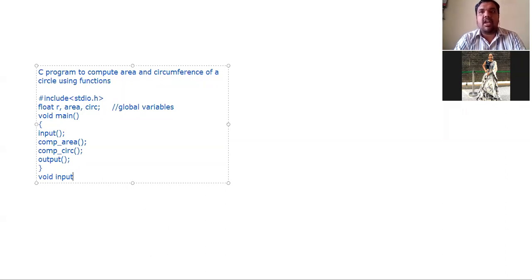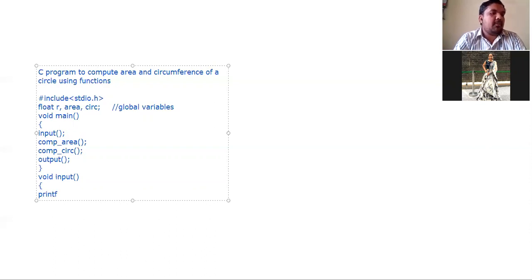No parameters are taken inside, so I can place either void or leave it empty within the braces, which we have already seen in function declarations. Now let us write the code for this input function. The user has to enter the value of the radius, printf.